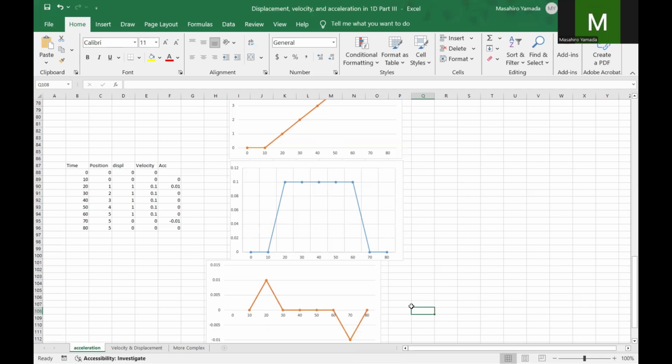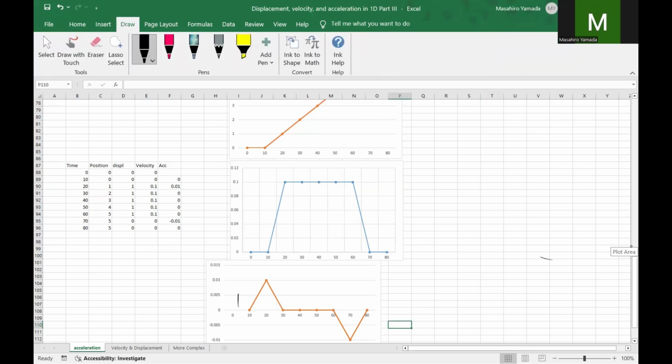Because when a thing is moving in the positive direction, positive acceleration means an increase in velocity, so speeding up. When an object is moving in the positive direction again, and you see a negative acceleration, that means the object is slowing down, so decelerating.